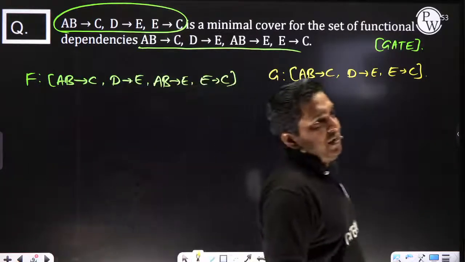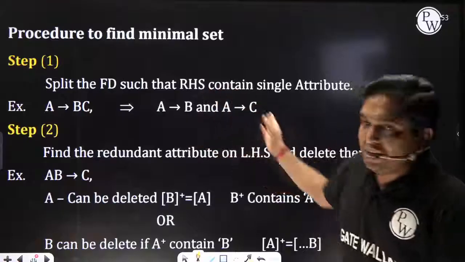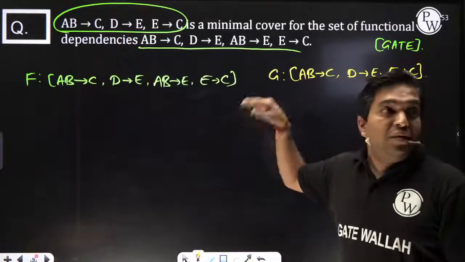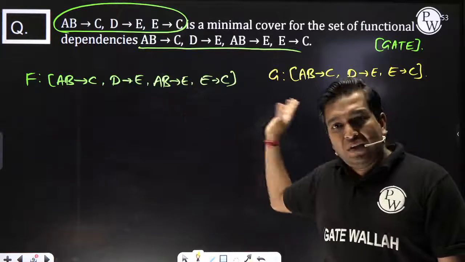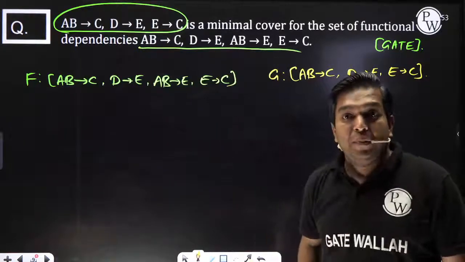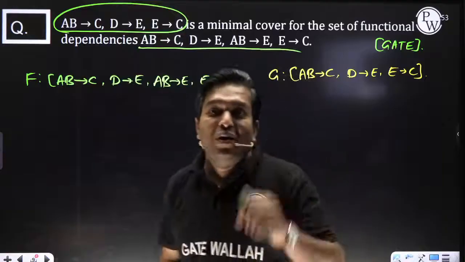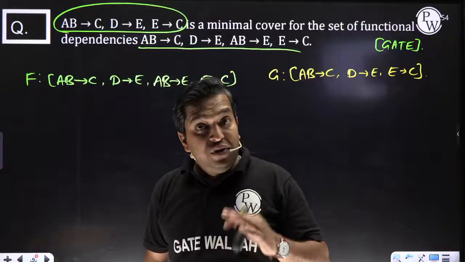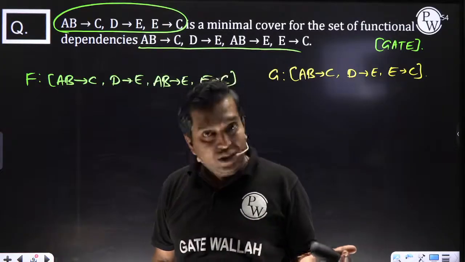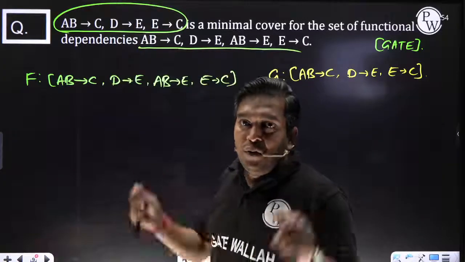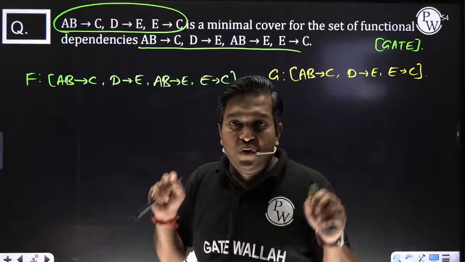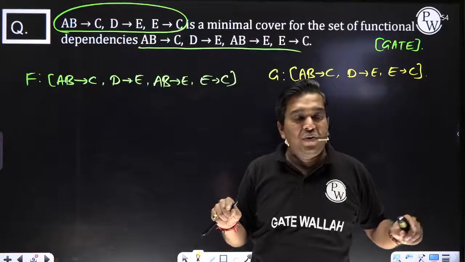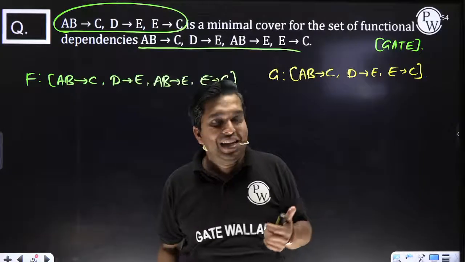Because in most places you directly find the procedure of minimal cover. But what is the drawback? If this question is given, then without calculating directly you can cross-check, because there can be more than one minimal cover. Minimal cover may be unique or may not be unique. We can have multiple minimal covers also. So you need to know both procedures, so you will never ever do the question wrong. You always do it correctly. Clear, everyone?